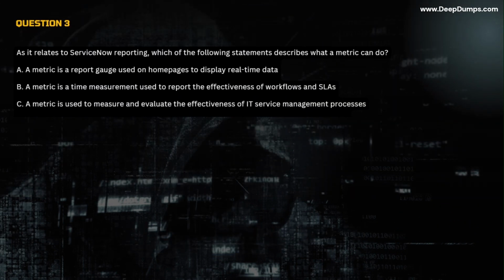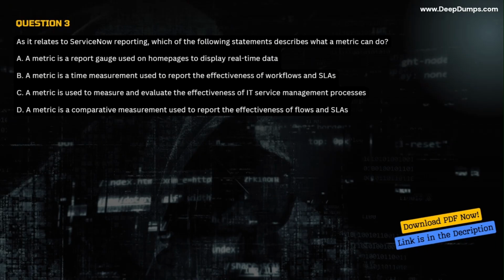Question 3. As it relates to ServiceNow reporting, which of the following statements describes what a metric can do? A. A metric is a report gauge used on homepages to display real-time data. B. A metric is a time measurement used to report the effectiveness of workflows and SLAs. C. A metric is used to measure and evaluate the effectiveness of IT service management processes.